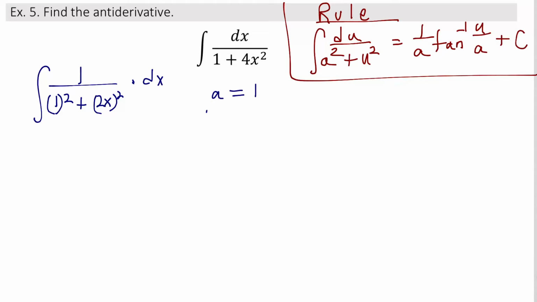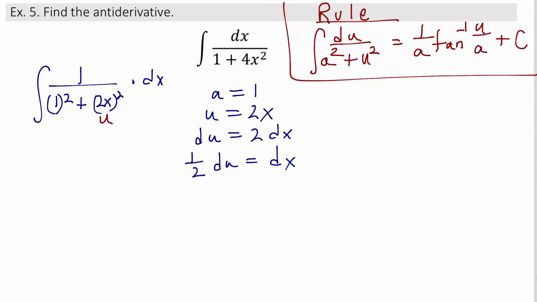Then I would say u is 2x. du is 2 dx. Then I look over here and I see I have only 1 dx, so I'm going to divide by 2. So I have 1/2 du is equal to dx. So the things I want to substitute are the u would go there, and right here, the 1/2 du.